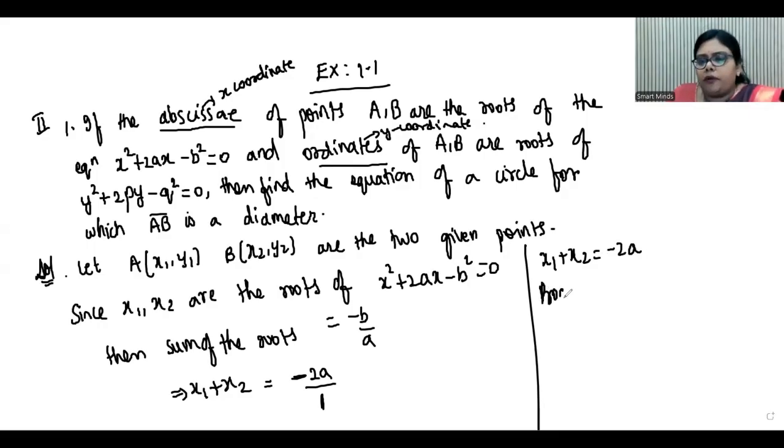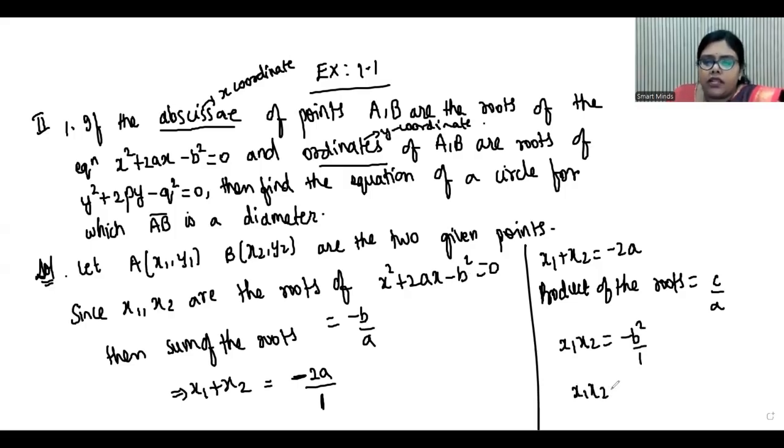Now we will take the product of the roots. What is the formula for the product of the roots? It is c by a. So product of the roots means x1 into x2. What is c here from this equation? c is minus b square, by a is 1. So you got x1 x2 is equal to minus b square.